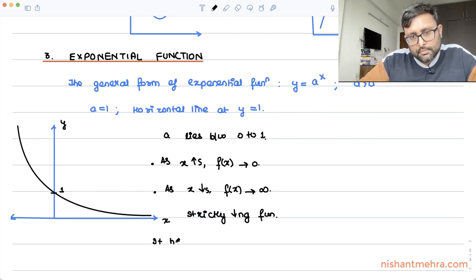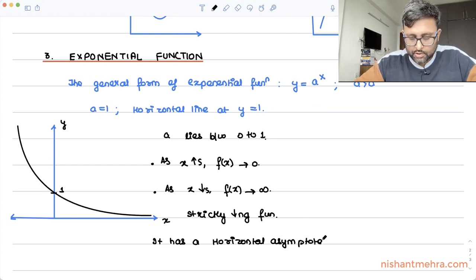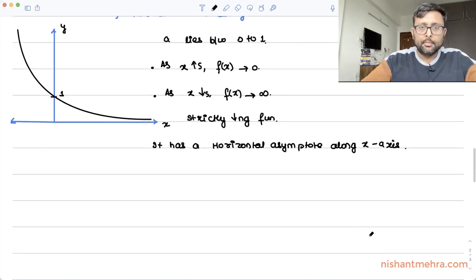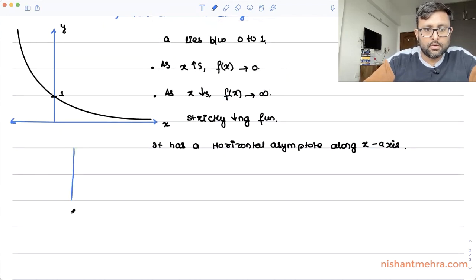So an asymptote along the x-axis, one thing. Then what happens is you have a function like this.